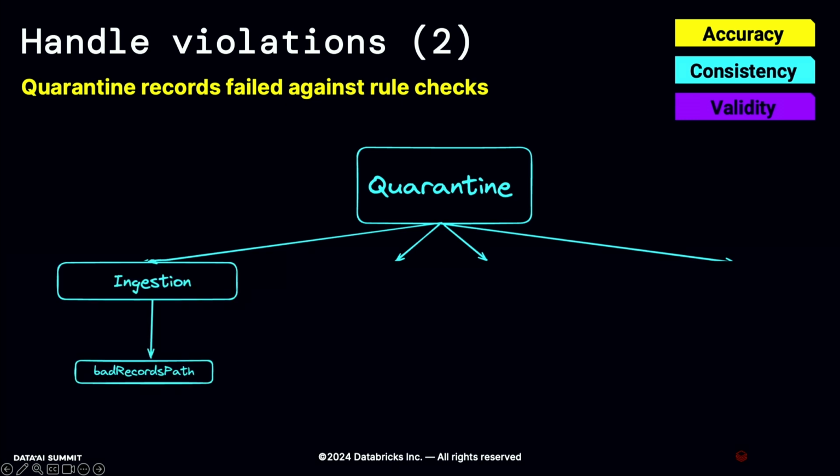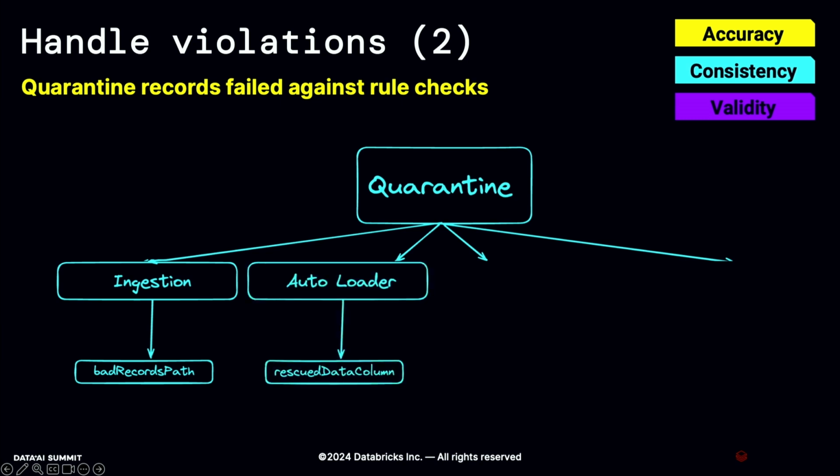In ingestion, you can utilize something called bad record path. Basically, Apache Spark will write bad records and bad files into the path that you specify, or use autoloader. So autoloader by default will write any data record that doesn't meet your schema into a rescue data column.